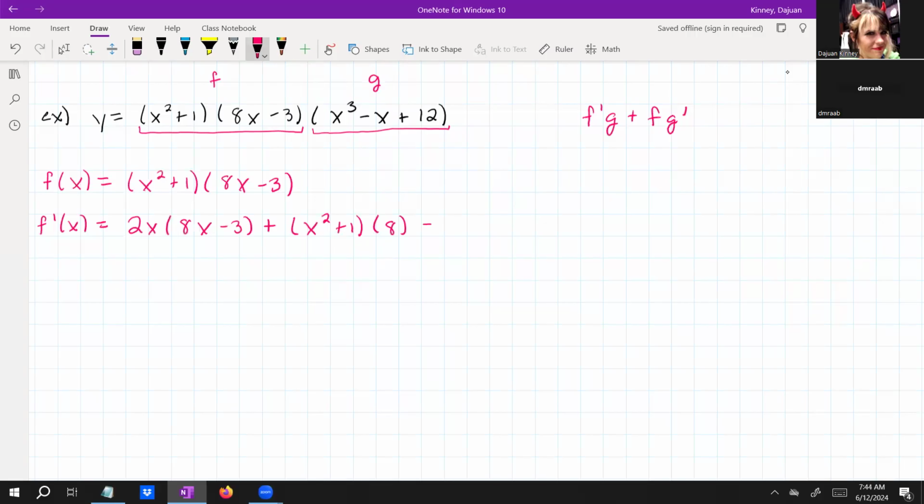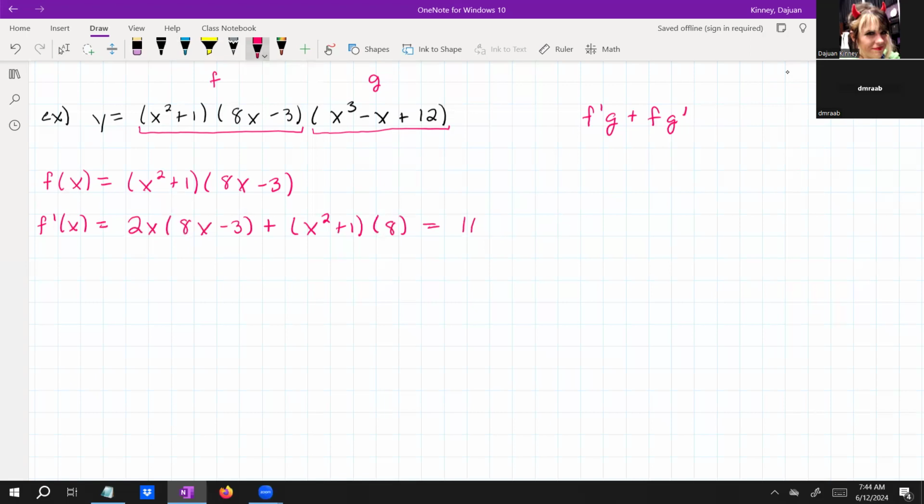I am going to clean this up to make it look a little bit nicer. How do I want to clean it? You know what? No, let's back up. I'll be less lazy. All right, distribute.